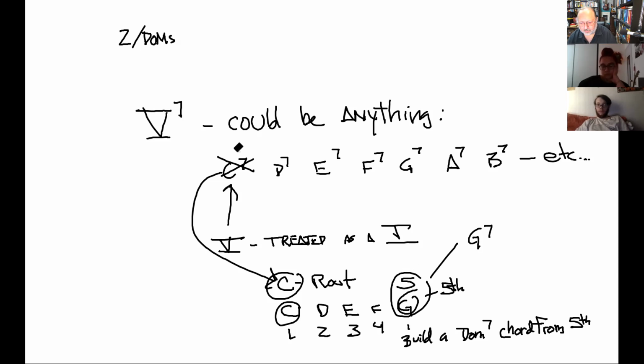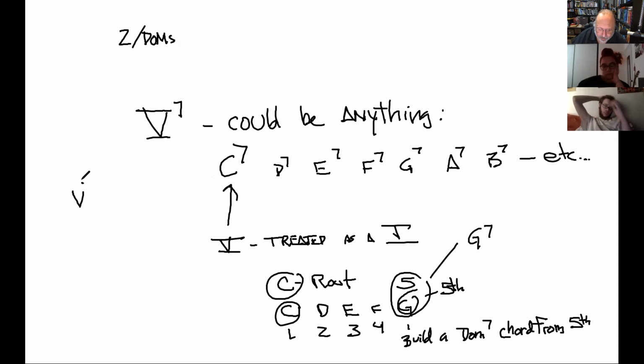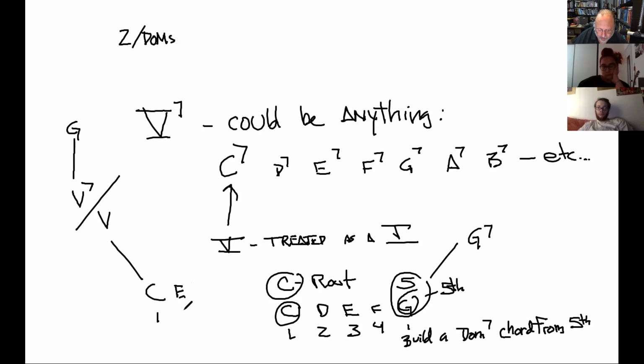So if you're going to have a C7 chord, that would be a 5 chord in the key of C, right? If we did a 5 of 5, 5 would be C, and then the 5 of 5 would be G, because C is 1, E is 3, and G is 5. I did that backwards.